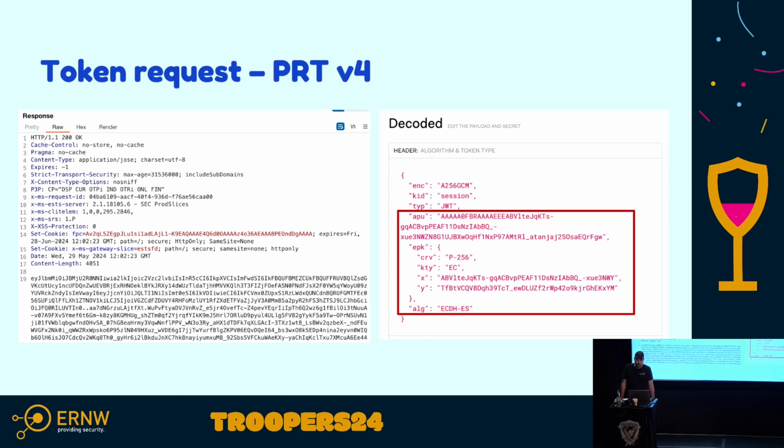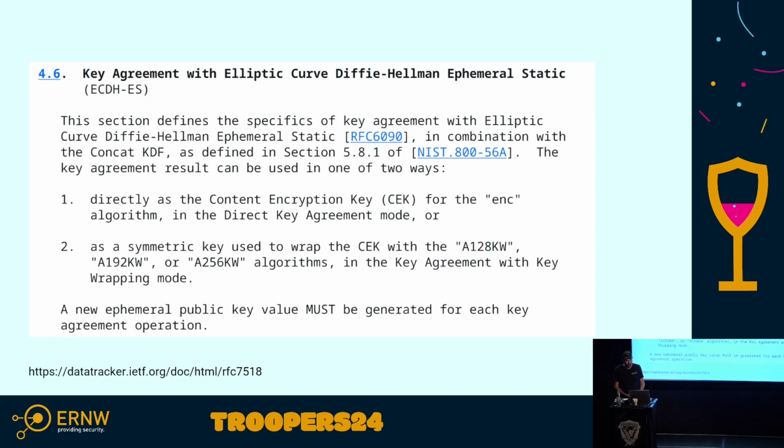This is, of course, a little complicated, and it's nicely described in this RFC, or I say nicely, but it's not. Maybe they should use language that actual humans can understand. But essentially, it is using elliptic curve Diffie-Hellman ephemeral static keys in combination with the Concat key derivation function in section 5.8.1 from a NIST document.